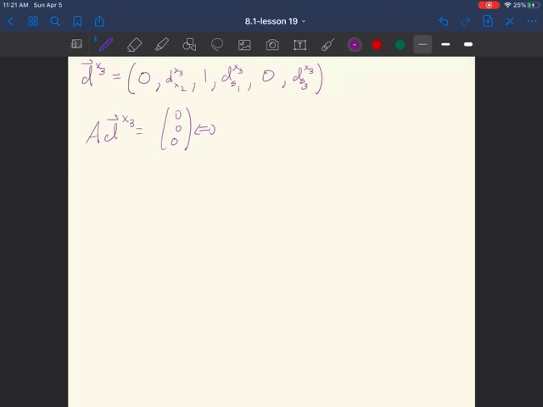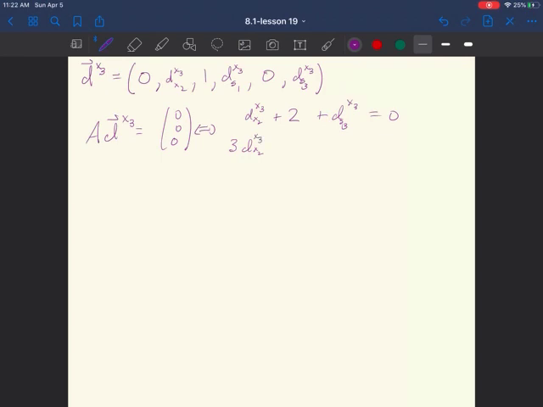This is equivalent to putting this vector dx3 into the constraints. That leads us to dx2,x3 plus 2 plus ds3,x3 equaling 0.